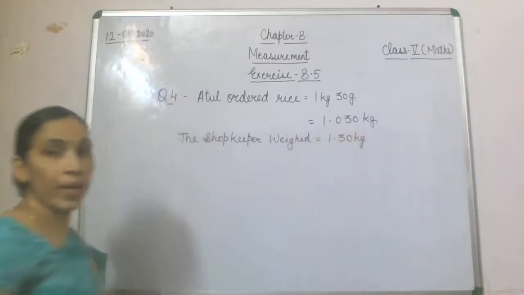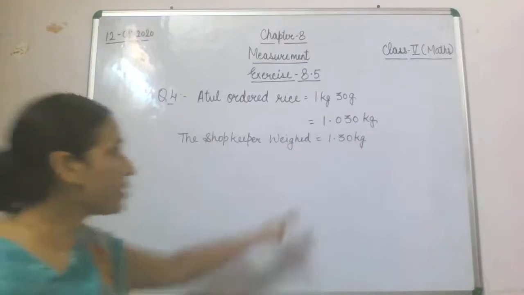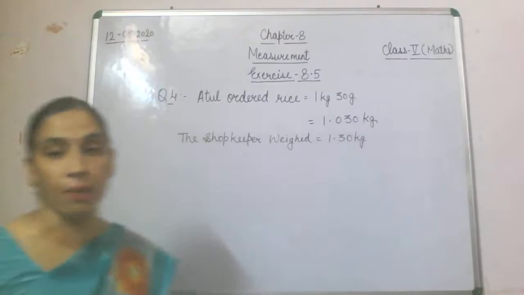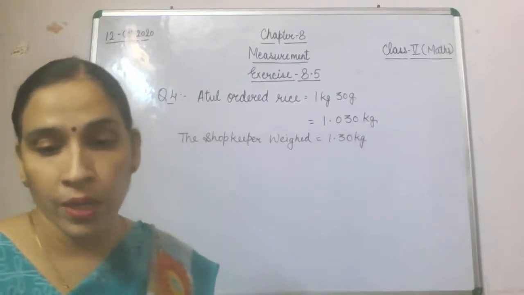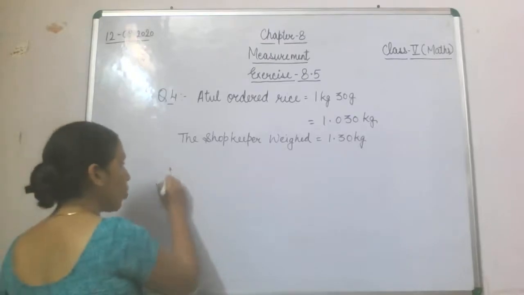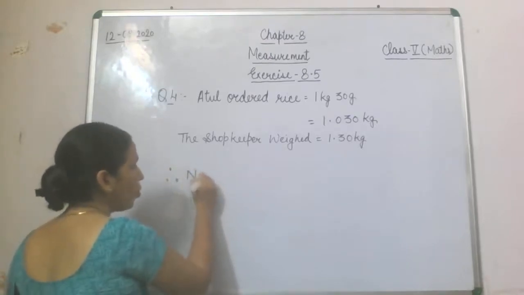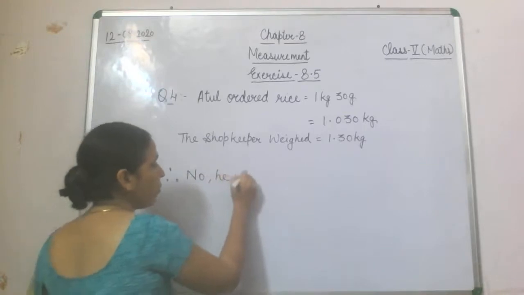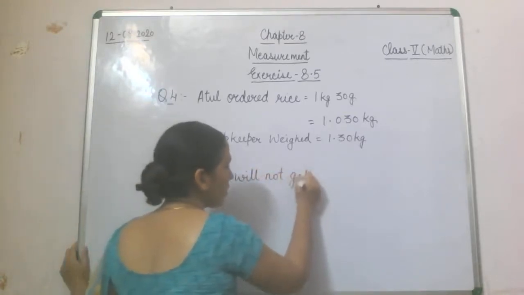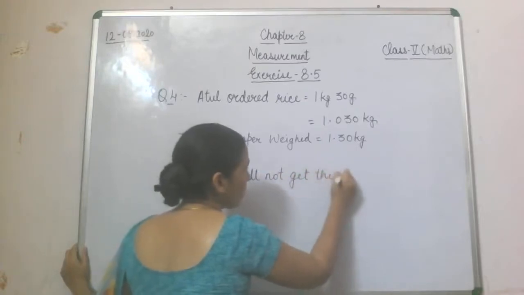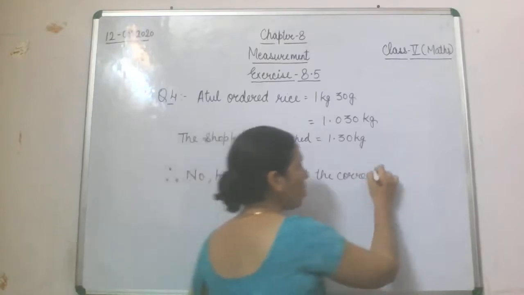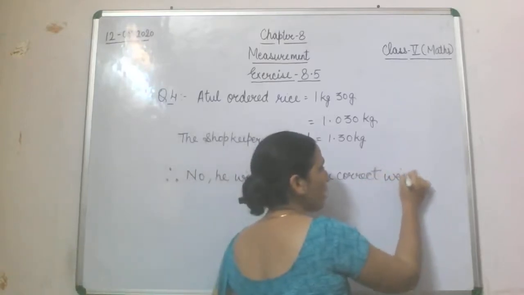Are these two weights the same? No. This is 1 kg 30 gram and this is 1 kg 300 gram. So, did he get the correct weight? Then you will write no, he did not get the correct weight. Now you have to tell the correct answer also.